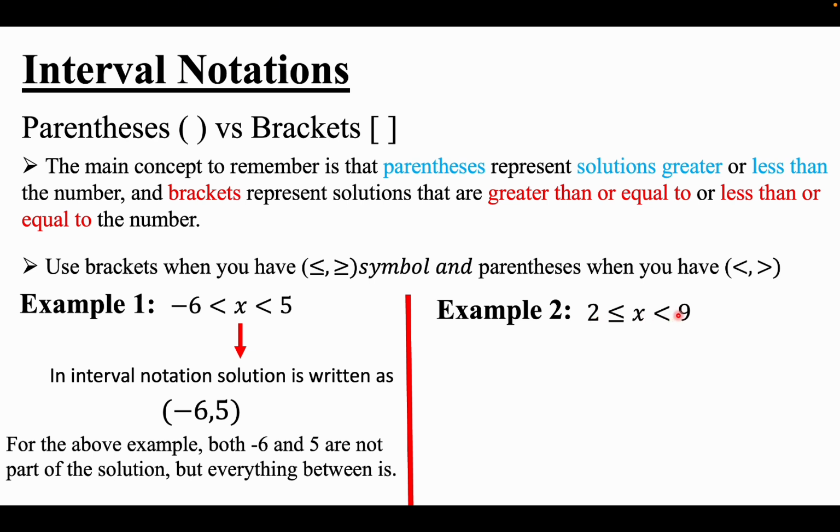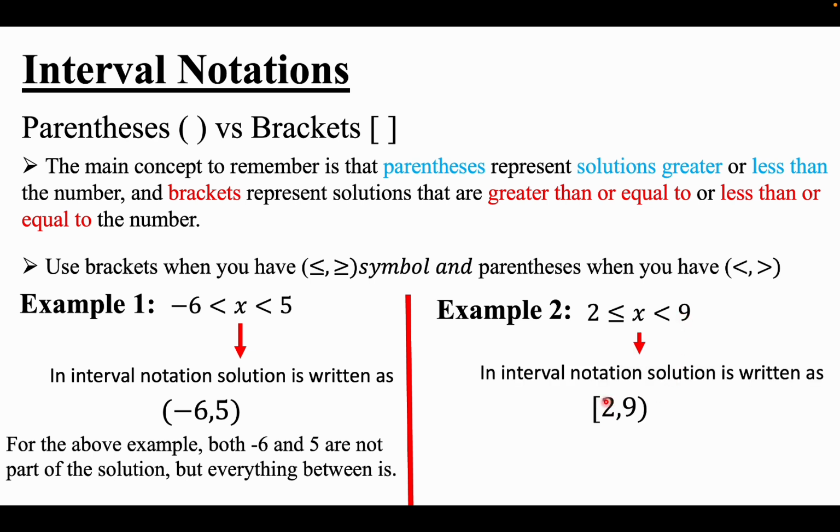And then over here, it says x has to be less than 9. So the difference here is that we're going to use a bracket around the 2 because it falls in this category here. Anything that has a less than or equal to or greater than or equal to, you have to use a bracket around that number. And then, of course, when you see a less than or greater than, use parentheses around the number.